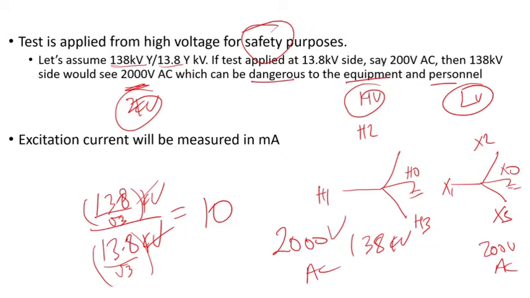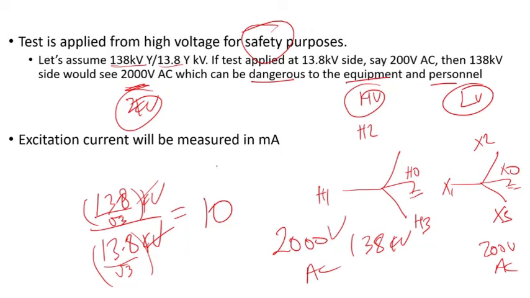So that's why, while you get better results if you apply the test to the low voltage, for safety reasons it's typically applied to the high voltage, because even if the voltage is very low on the low side, 200 volt, on the high side we'll see 2 kV or 2000 volts. So it can be dangerous.